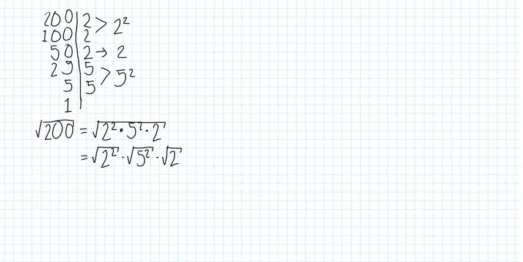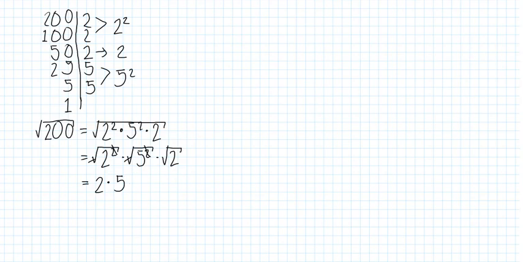Later, by another rule, we know that we cancel the square root with the exponent of 2, and we obtain just the number 2. The same happens with the 5. We cancel the square root with the exponent, and there is just the 5 left.